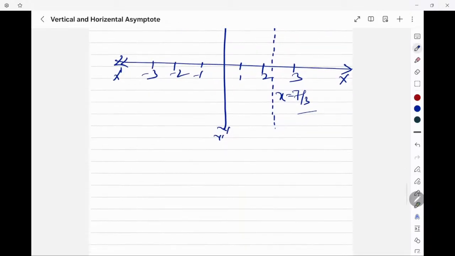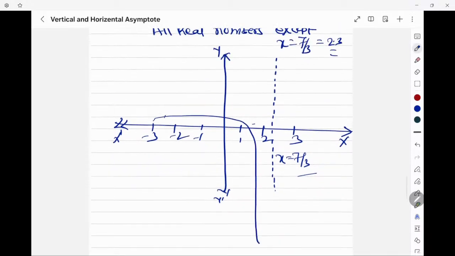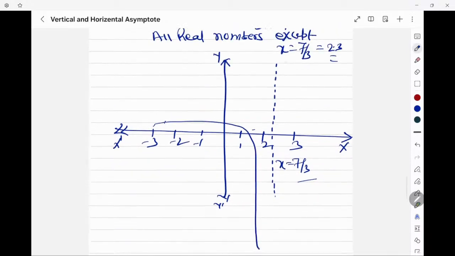So the graph passes like this. If I draw the same thing, here it is, and on the right side the graph is plotted like this.